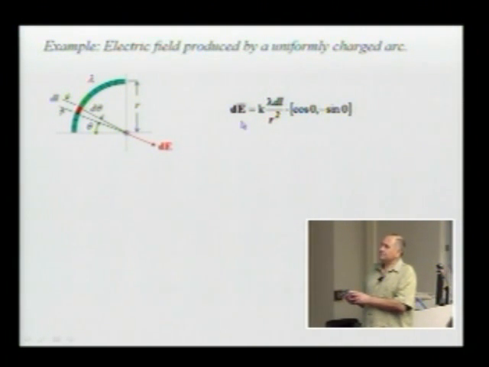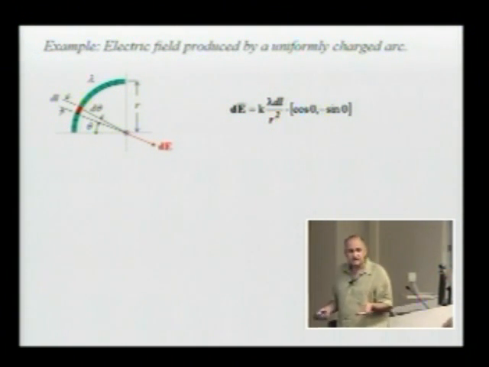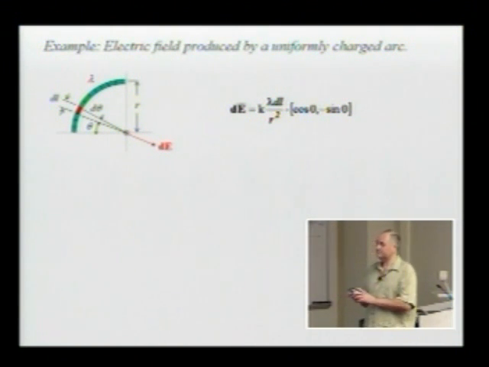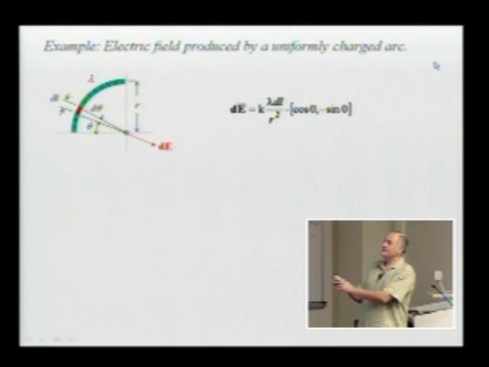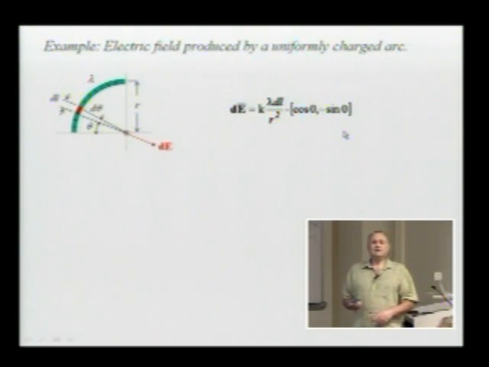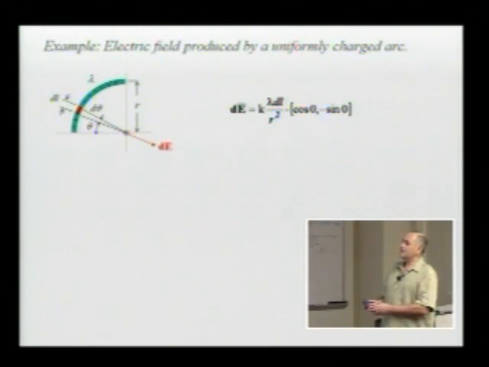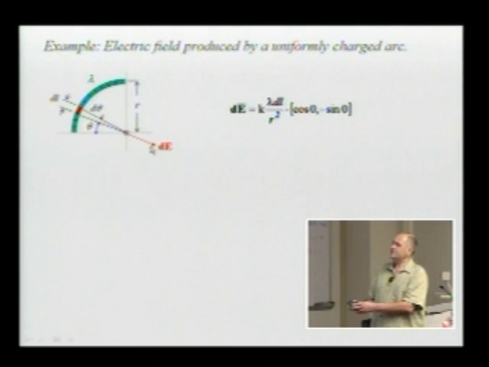I concentrate on scalar components of vectors rather than linear combination of vectors i, j, and k. This was just a digression. We recognize that this expression represents scalar components of the differential electric field produced by a differential fragment at this particular location.